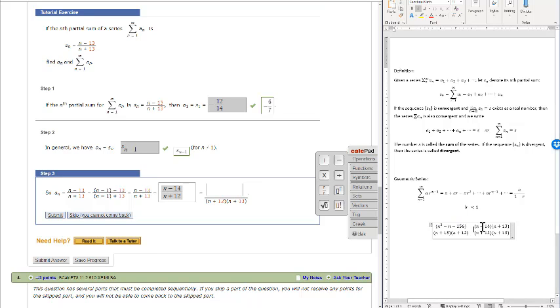And now let's FOIL this out. We have n squared minus n again. And then minus, we have 13 times 14. That's 182.